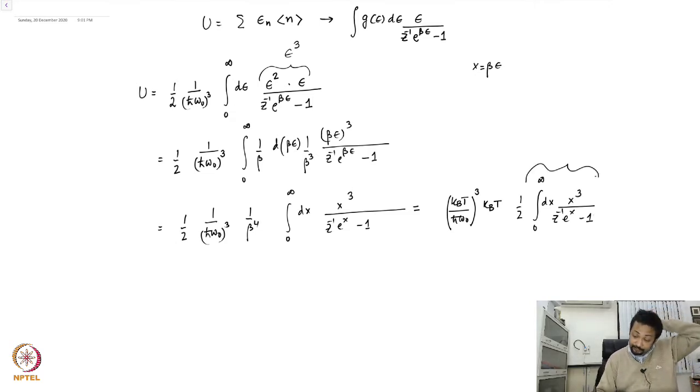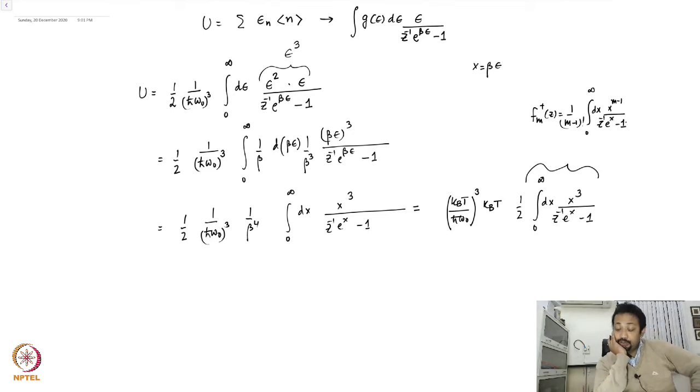Clearly, this integral is related to my function f_m plus of z, which was 1 over (m minus 1) factorial, 0 to infinity dx x to the power m minus 1 over z inverse e to the power x minus 1.